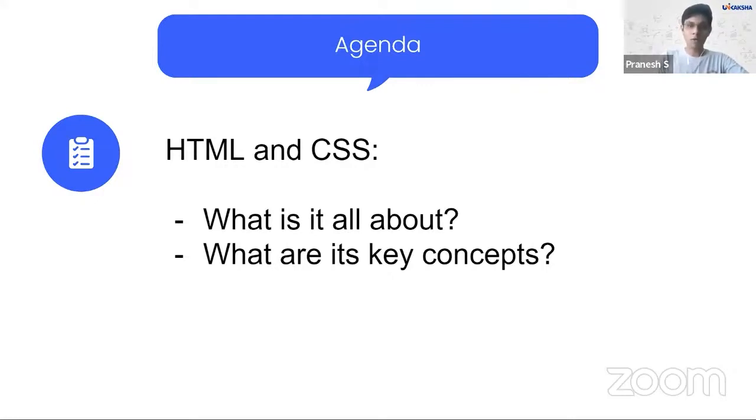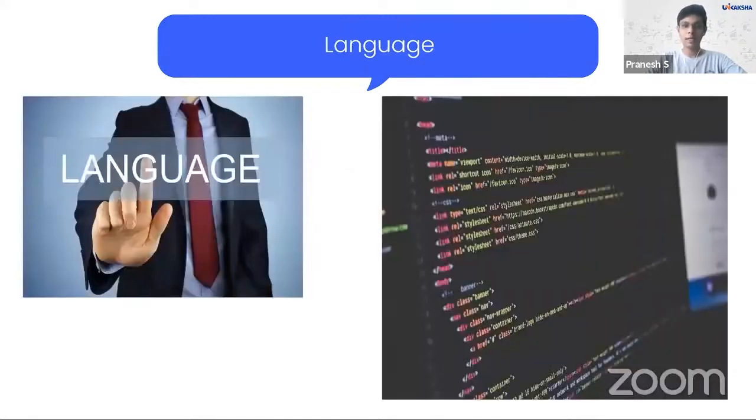When you come to know about this, then only you'll be able to know why it has evolved in our browser, what the structure is, what the purpose is, and how it is working. Each and everything you will come to know about, and then the advanced level of that. So this is how the course is going to move forward. So HTML and CSS, what is it all about, and what are the key concepts? Before that, let us know what that is all about.